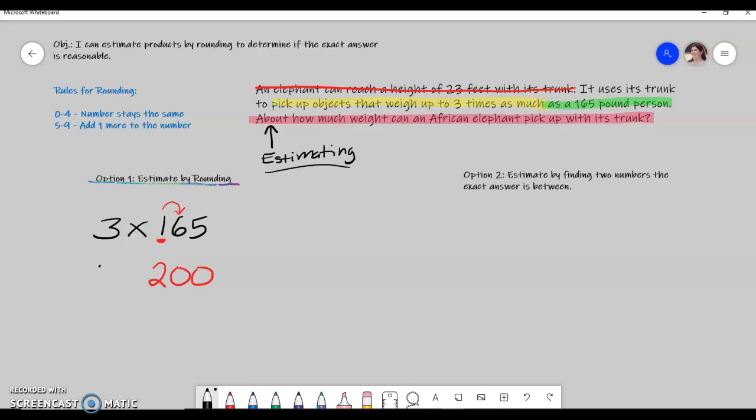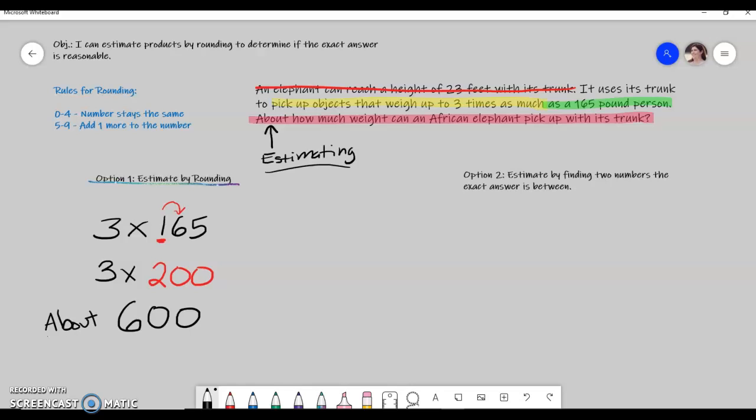Now I can estimate my answer because I've changed it to 3 times 200. If I forget the zeros and just think about that basic fact, 3 times 2 gives me 6, and then I just bring down my 2 zeros. So one estimate I could have is that an elephant can pick up about 600 pounds.